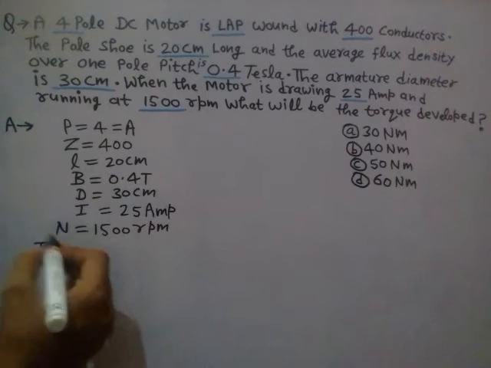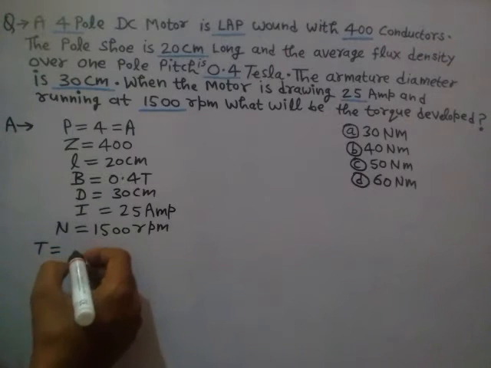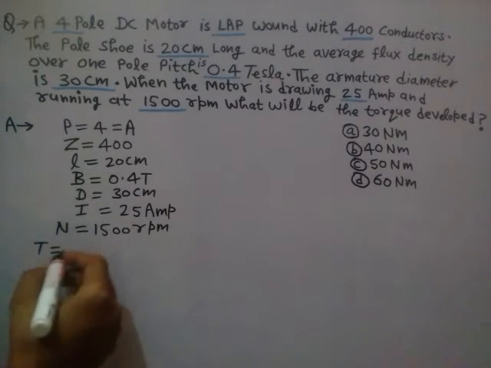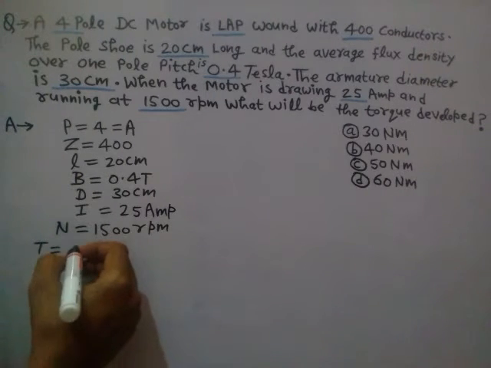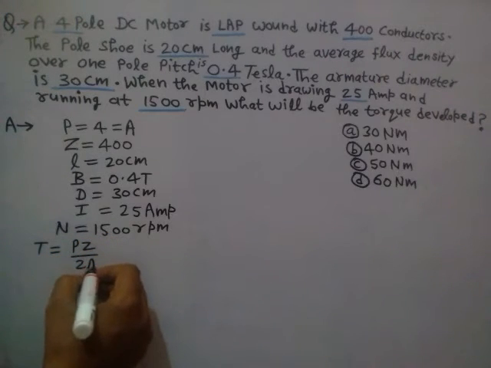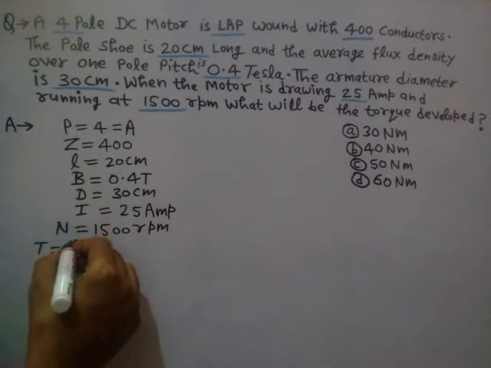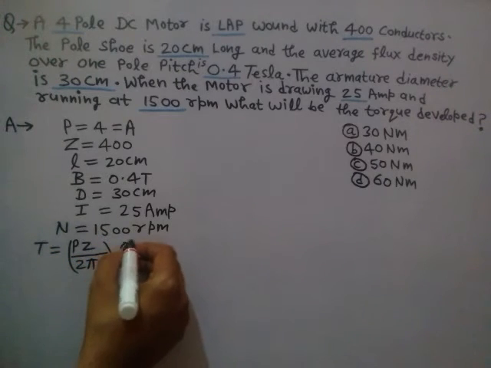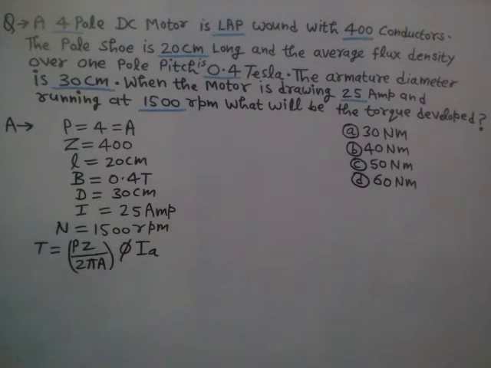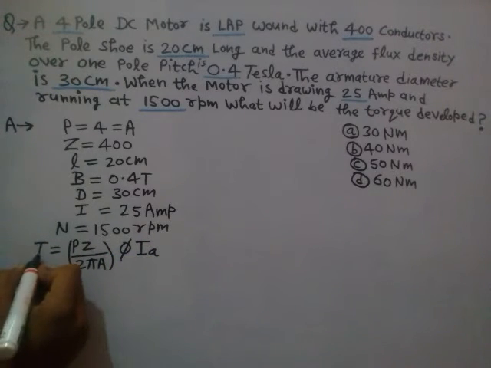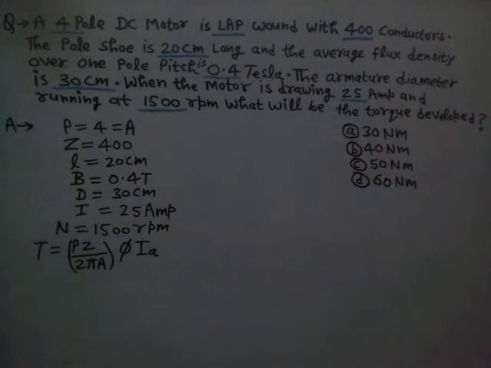So for the torque developed, we know the relation: torque T is equal to Ka phi Ia, where Ka is PZ by 2 pi A, into the flux in the machine into the armature current. That is the formula that we have derived.